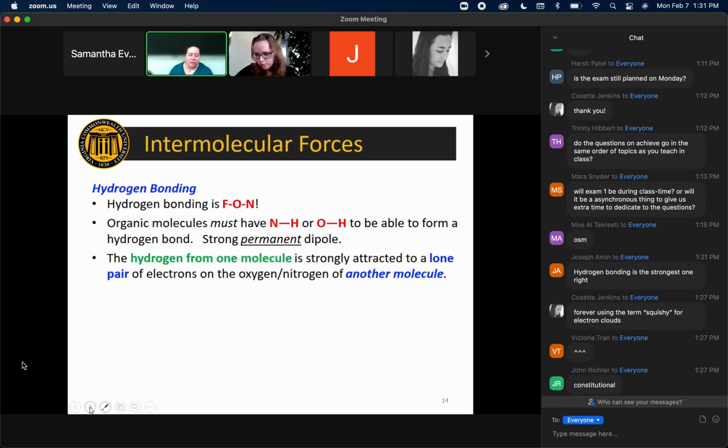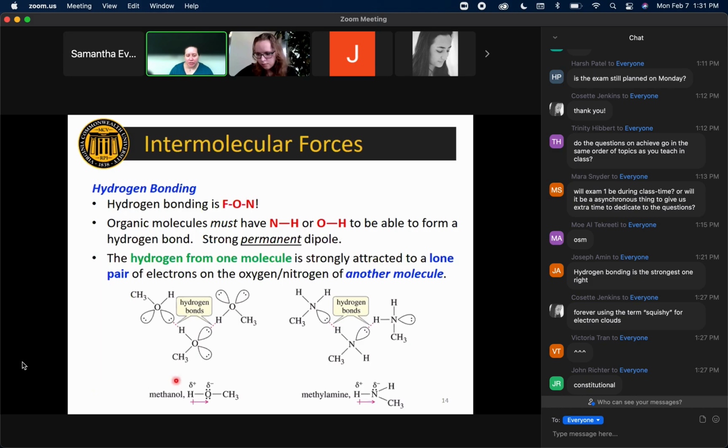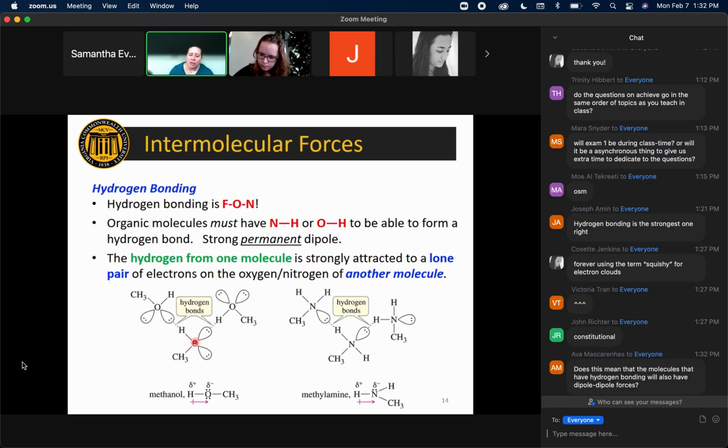And so I'll show you some diagrams here that help solidify this. On the left, we have methanol. It's the simplest alcohol. You can see we have the oxygen of methanol with two lone pairs, and we have an OH bond. In the case of hydrogen bonding, the hydrogens that participate have to be strongly polarized.